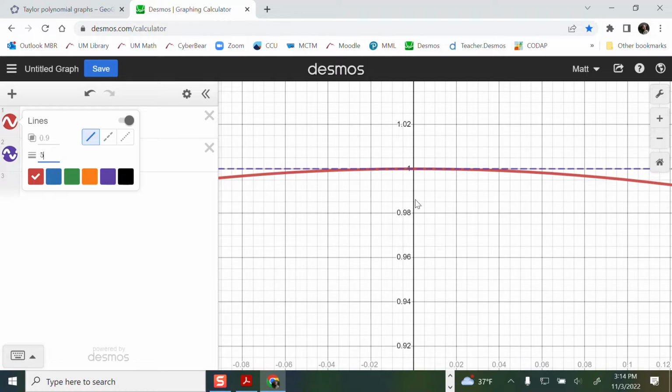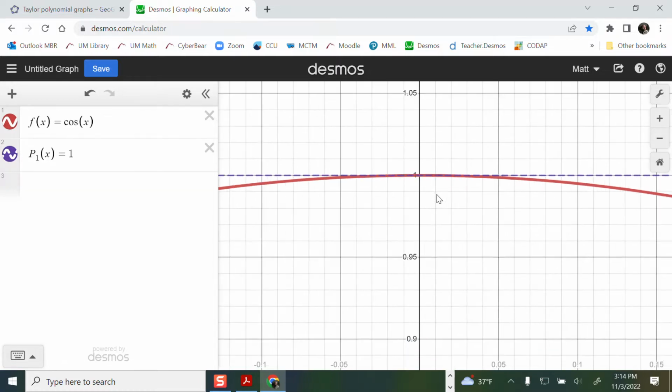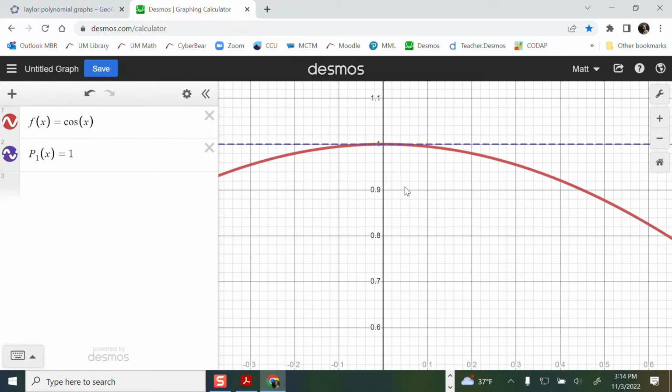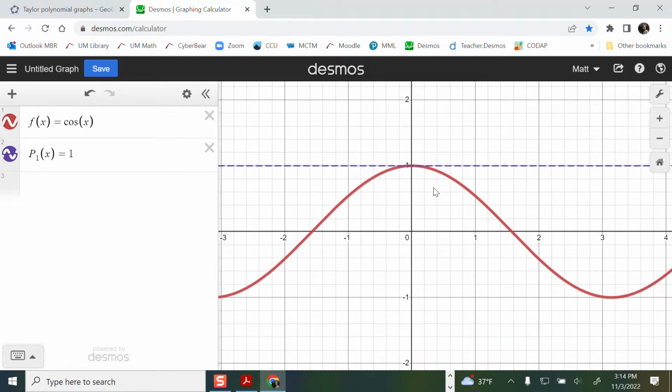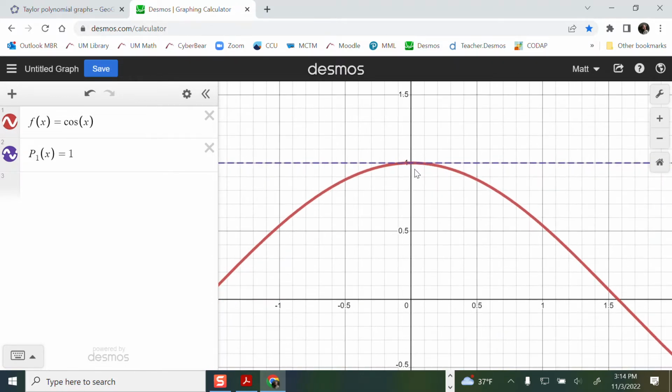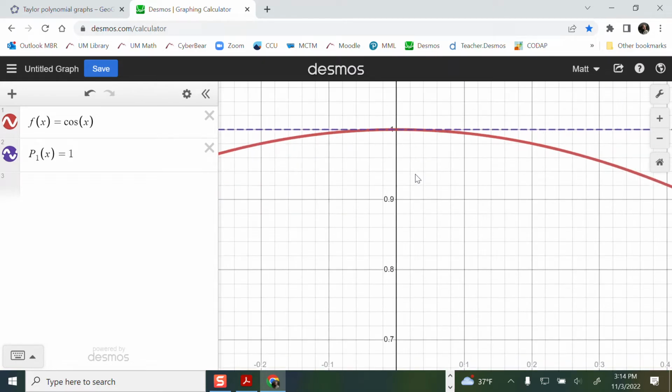5, there we go. So there we have it, your first Taylor series polynomial, the Taylor series polynomial of degree 1 approximating cosine x in the neighborhood of x equals 0. It's just the constant function 1. And we got it by equating the value of the function and the value of the polynomial, as well as the value of the derivative of the function and the value of the derivative of the polynomial at x equals 0.